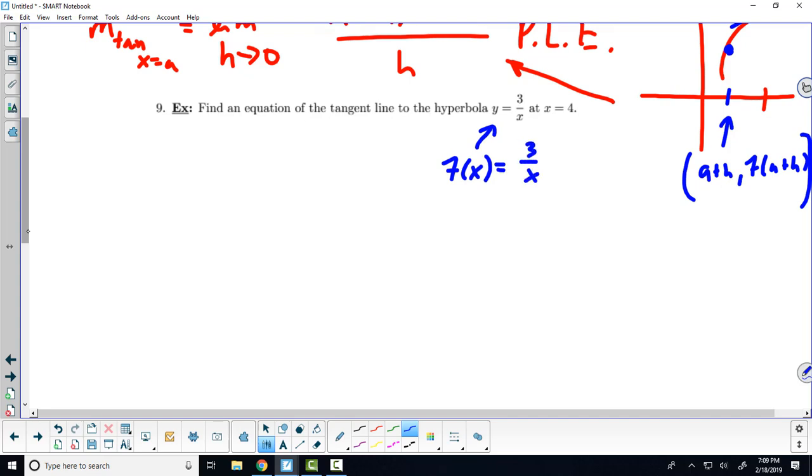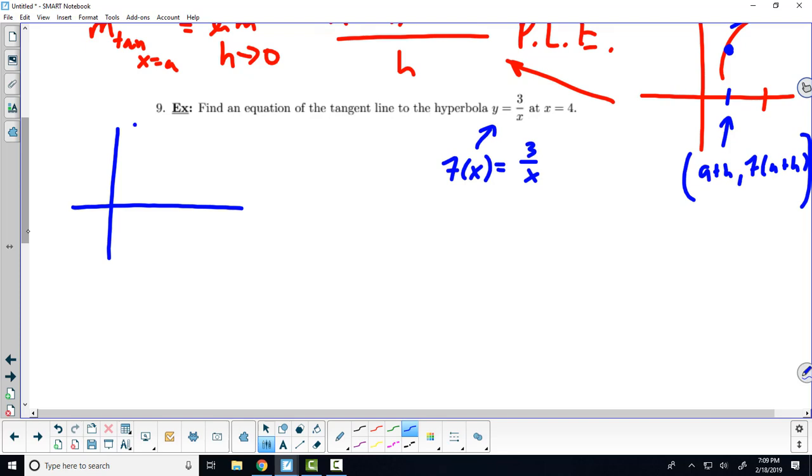Let's label it f of x, or g of x, or h of x, but something other than y. Because eventually we're going to have an equation of a tangent line, and that's going to have a y in it. And I'd like to quickly be able to differentiate between the two. You don't have to relabel these like I just did, but I find it helps you sort things a little better.